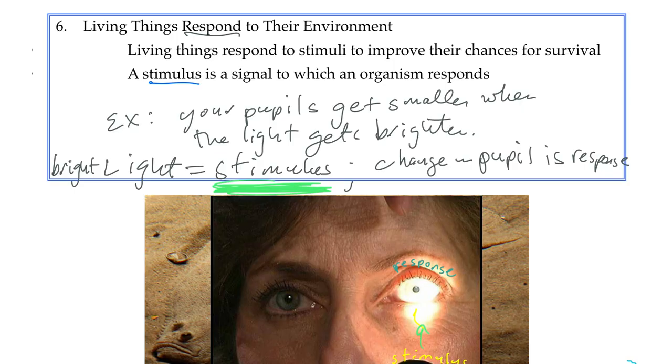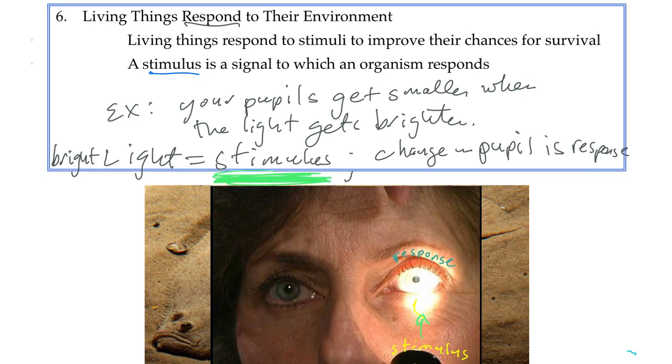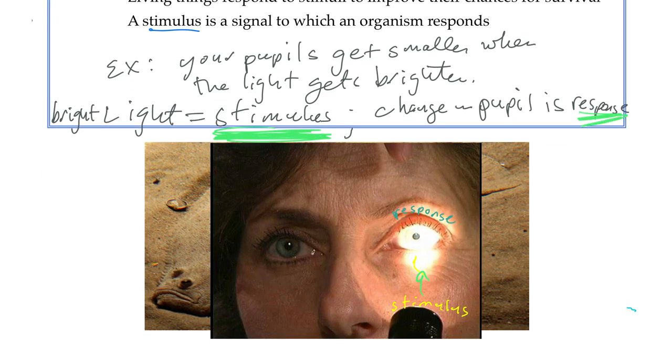And the response is how the organism responds to the stimulus. So in this case, the response is the pupil getting smaller. So you should know the difference between a response and a stimulus. Stimulus is the environmental factor, and when the organism reacts to the stimulus, that's called the response.